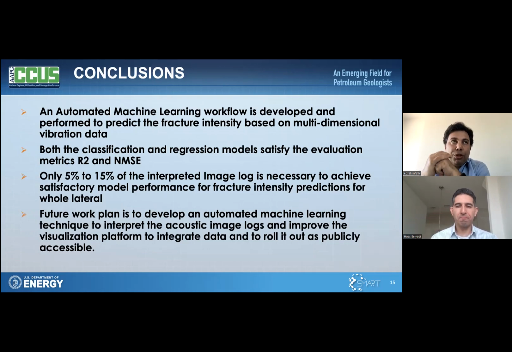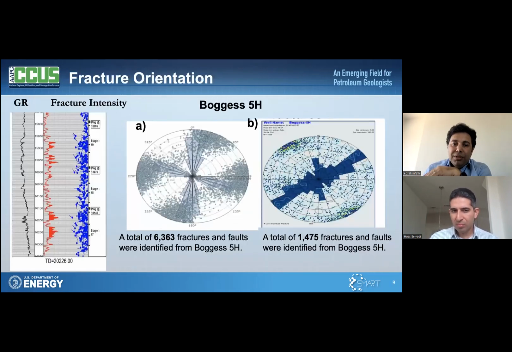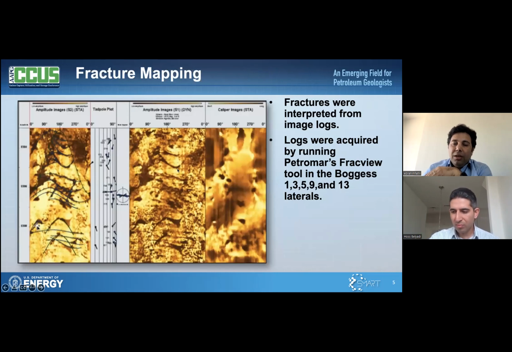And for the future work that we are working on right now, we want to be able to perform the whole image log analysis using machine learning. Basically, when we have these images, these acoustic image logs, can we train a model that goes through these images and tries to pick these sigmoids and gives us the fracture dimensions?